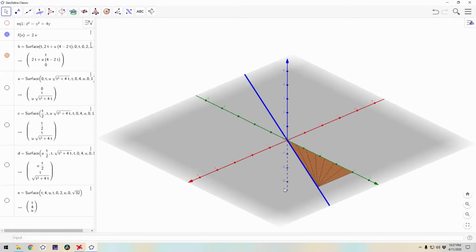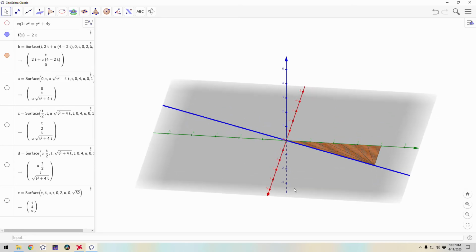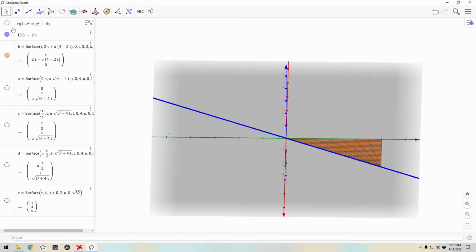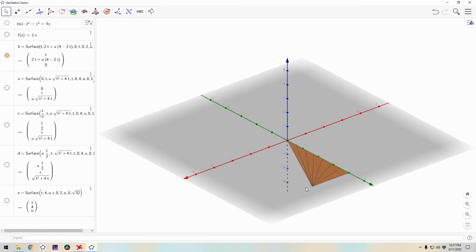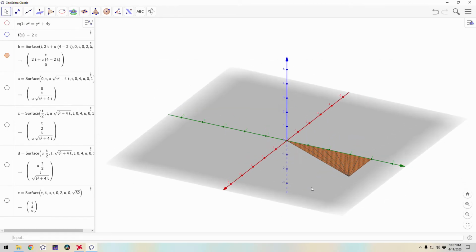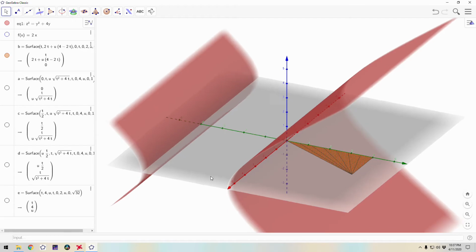There we go. Okay. So we're talking about integrating just over this region here of the XY plane. And then the thing that we're integrating underneath is this hyperbolic cylinder here.